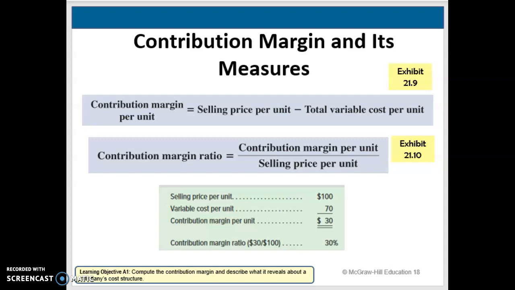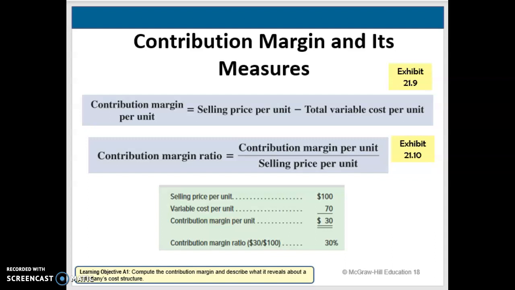Their contribution margin per unit is $30, which we can see, 100 minus 70 gives us a contribution margin per unit of $30. That's going to go toward that fixed cost, and then anything over that's going to give us our profit. So if they're selling at a price of $100 per unit, they cover their variable costs and they make $30 per football to contribute to that fixed cost and profit.